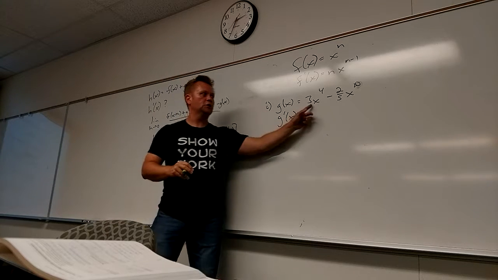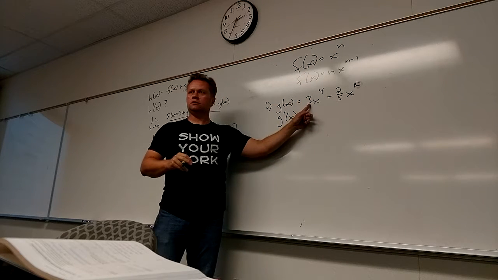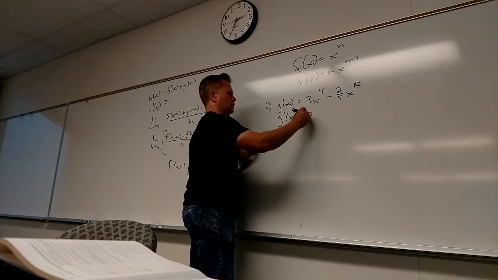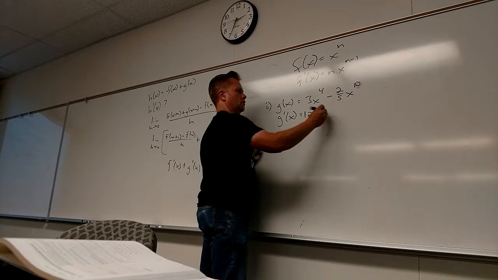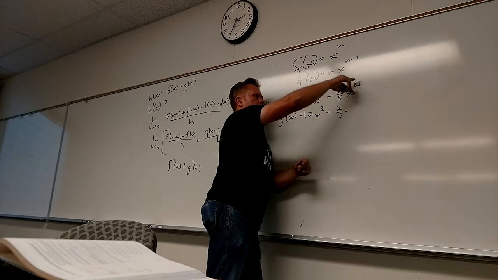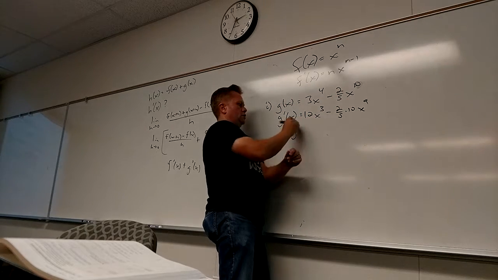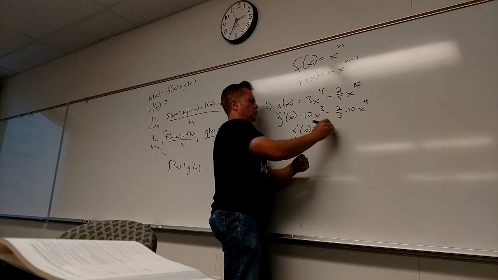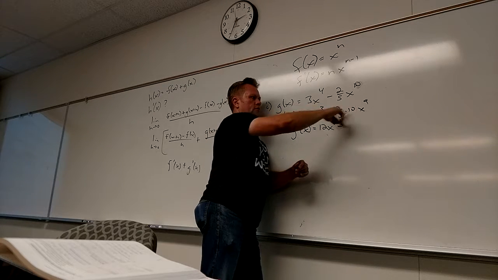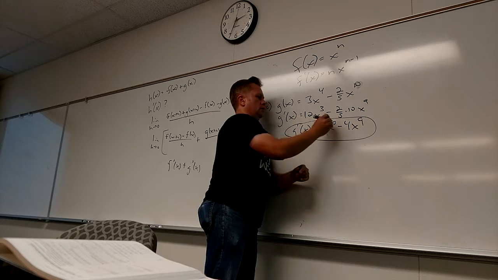So what happens here? What's the rule say? The 4 comes down, it multiplies, so it's 12 x to the 3rd. You can just do 2/5 times 10 x to the 9th. So I get g prime is 12x cubed minus 4 x to the 9th.